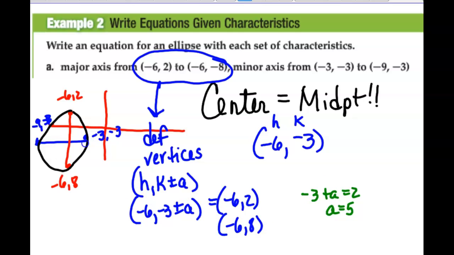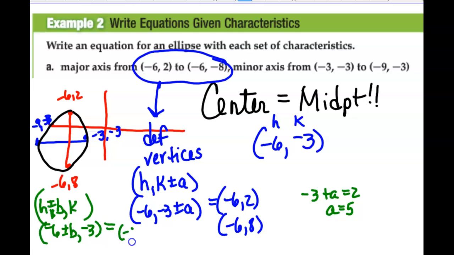All right, we need B. Those are the covertices. What's the definition for covertices? So -6 plus or minus B, comma -3 became the covertices, which are at -9, -3. We'll just use one of them.